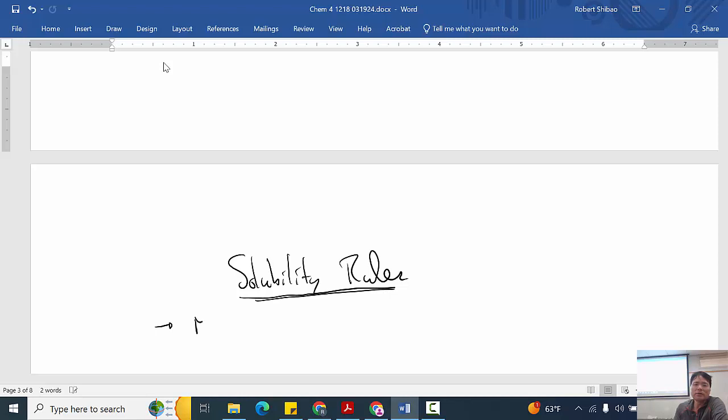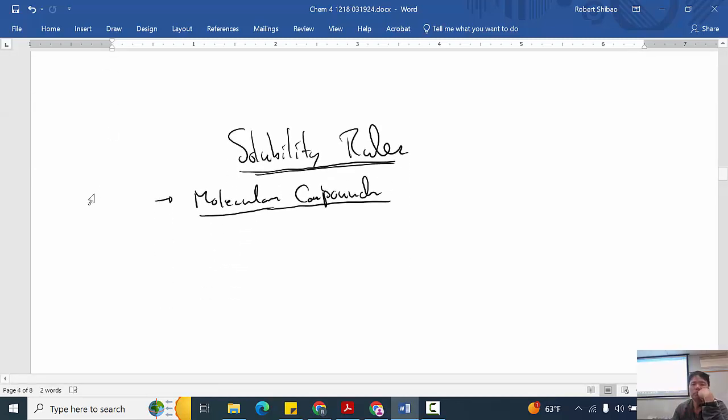The rules we look at are in terms of molecular compounds and ionic compounds. So the solubility rules for molecular compounds are pretty straightforward. This is one. It's called like dissolves like.